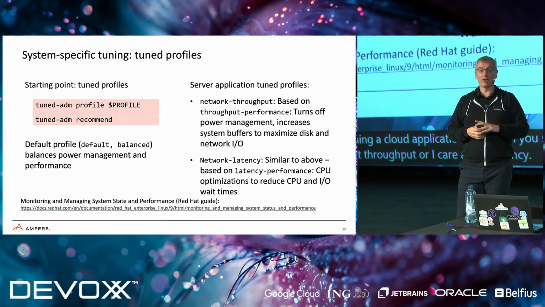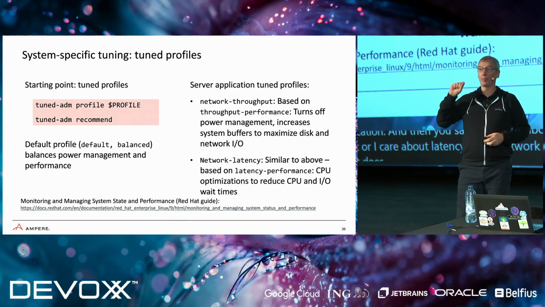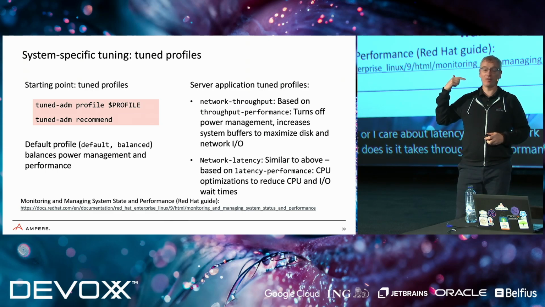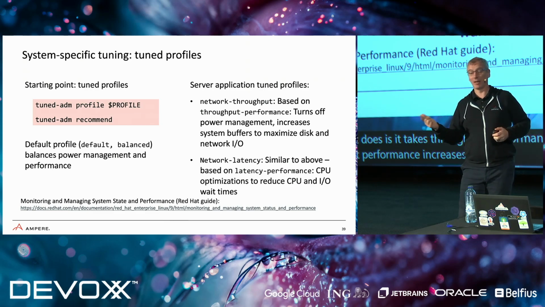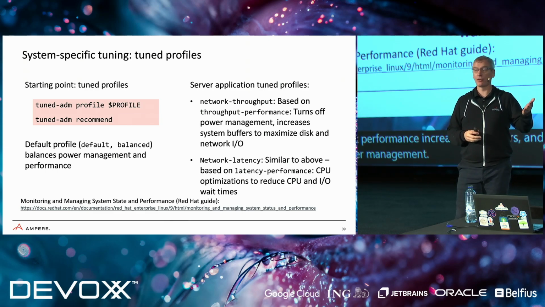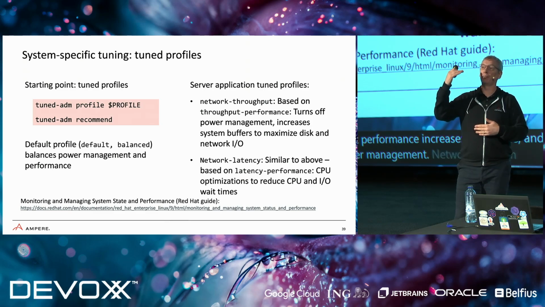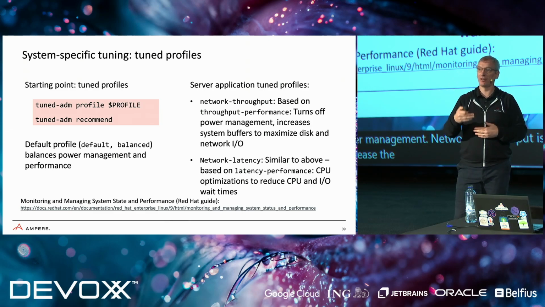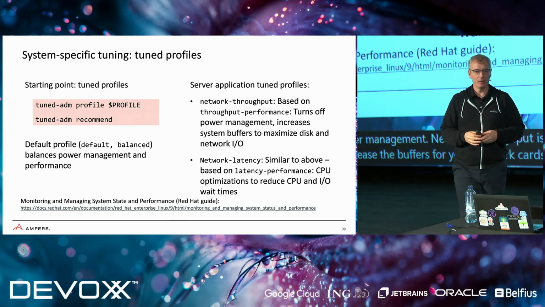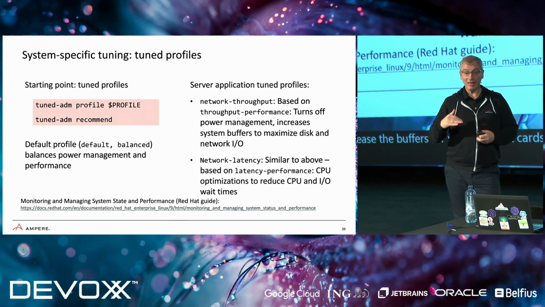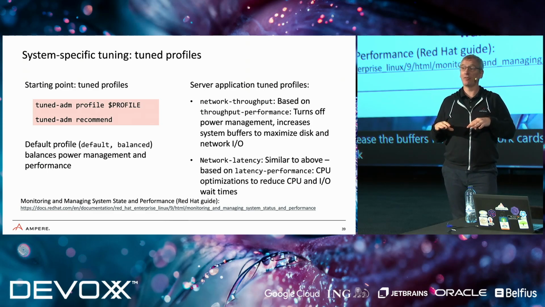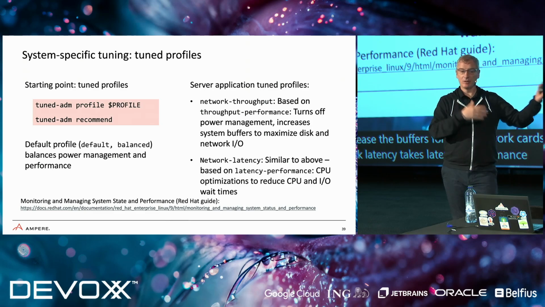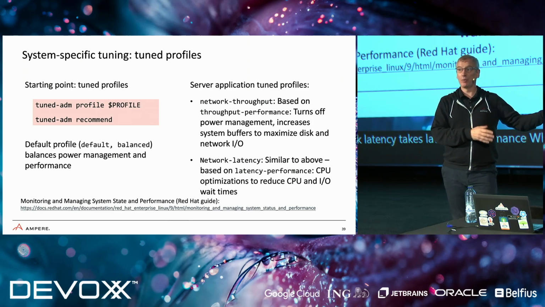What network throughput does is it takes throughput performance. Throughput performance increases I/O buffers and turns off all power management. Network throughput is going to also increase the buffers for your network cards, RX and TX. Network latency takes latency performance, which, again, puts your CPU in high performance mode.